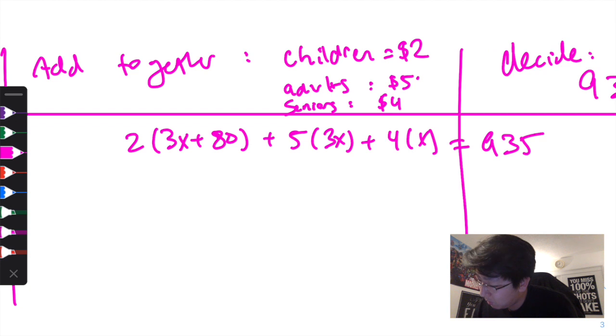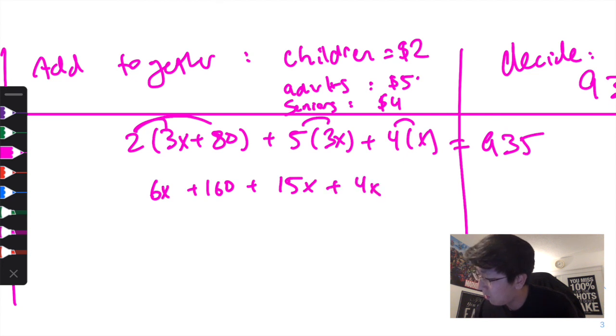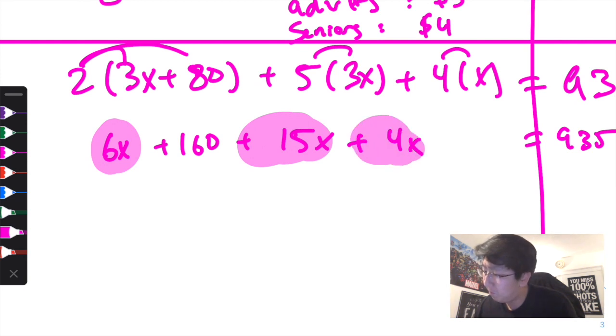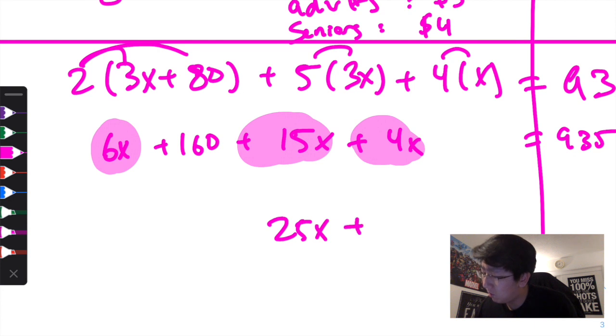Two times 3x is 6x. 2 times 80 is plus 160. Plus 5 times 3x is 15x. And 4 times x is 4x. Combine like terms: 25x plus 160 equals 935.